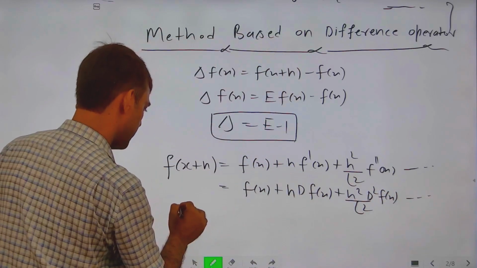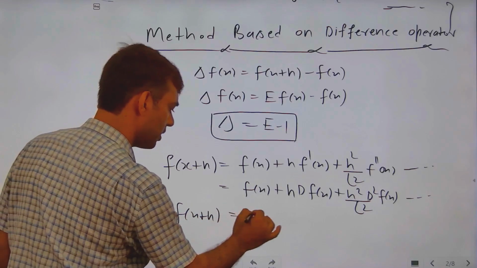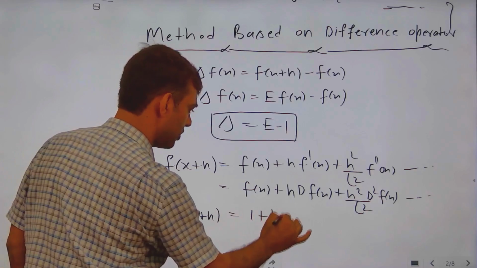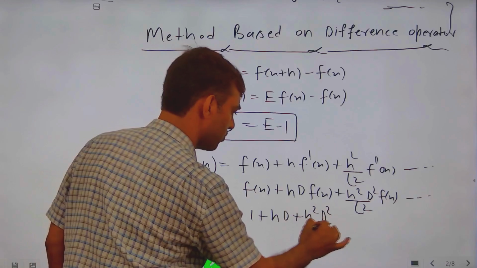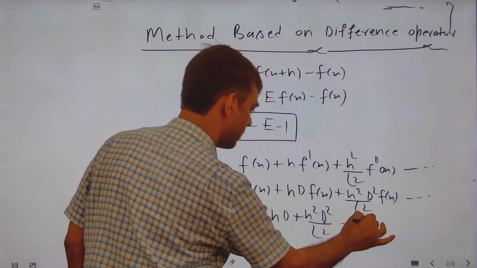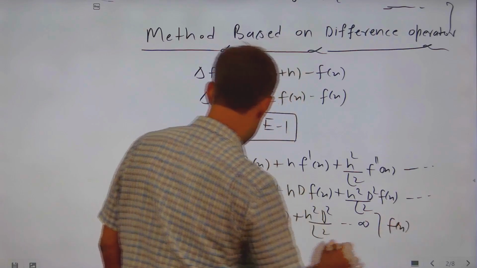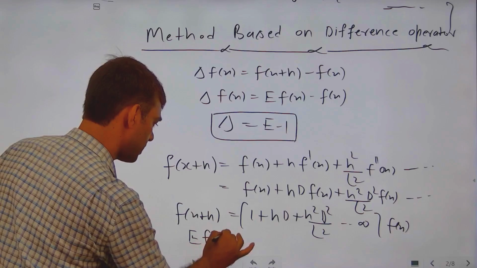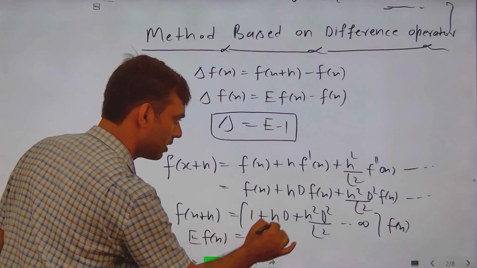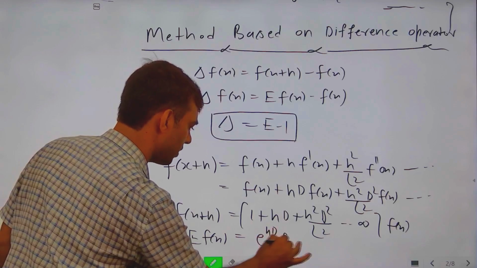So, f(x plus h) equals 1 plus h D plus h square D square upon factorial 2 and so on, up to an infinite number of terms, of f(x), and this can be written as E f(x), which is written as e to the power h D of f(x).